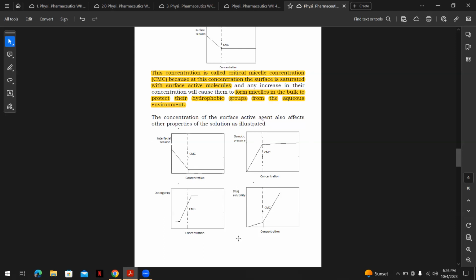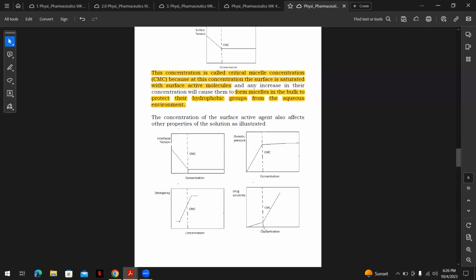increase, but it will reach a point where it plateaus. For drug solubility, it will increase because we are decreasing the surface tension, so it's easier for penetrability and all. After the CMC is reached, it will still increase, since the micelles form in the bulk to protect the hydrophobic groups from the aqueous environment.